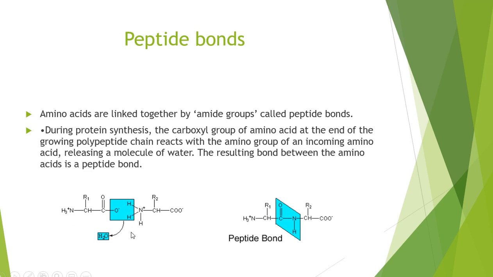The amino group of one amino acid and the carboxylic group of the other participate in the reaction, and a water molecule, H2O, is liberated, and a bridge or bond is formed between these two amino acids, called the peptide bond.